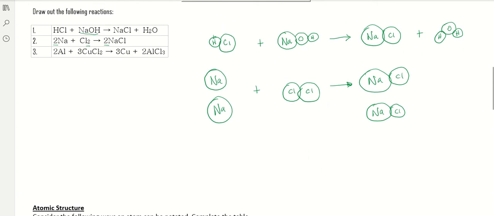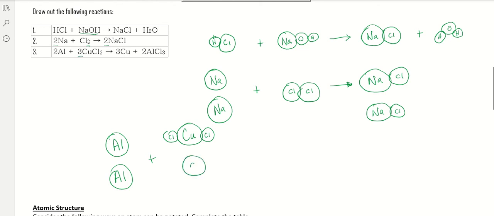All right, number 3. 2 aluminums plus, now here I have copper connected to 2 chlorines. And how many of these do I have? I have 3 of them.